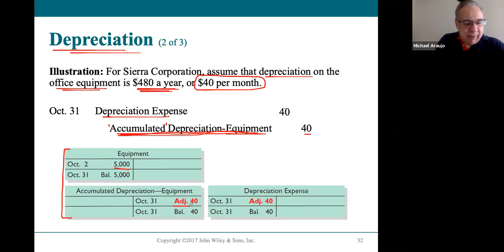This is the actual amount of the equipment we've depreciated and expensed so far. And of course, depreciation expense is an expense account, and now it has a balance. So this is what's a little different about depreciation: we don't actually touch the actual asset account itself. There's a new account that's created, the accumulated depreciation account for the equipment, and that shows where the adjustment is.